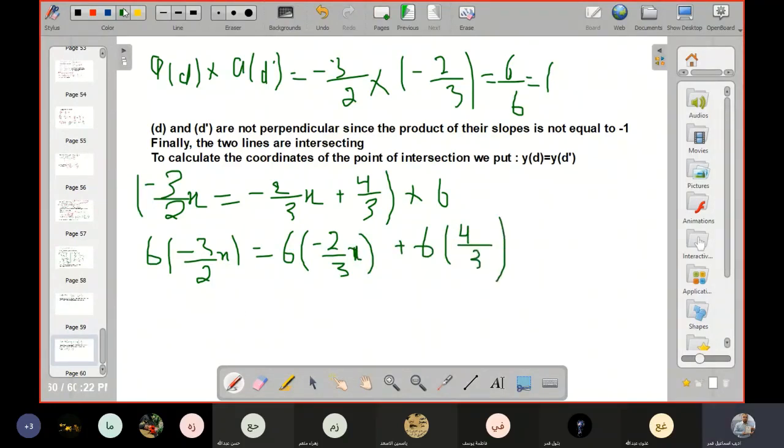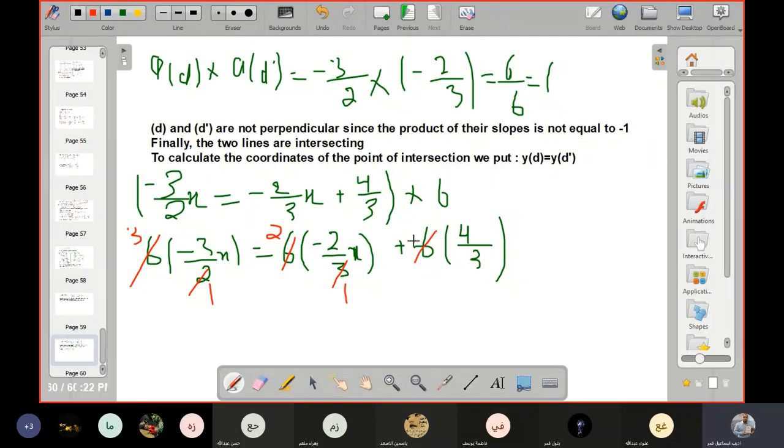So what do we get? We simplify 6 and 2 by 2, this becomes 3 and this becomes 1. 6 and 3 by 3, this becomes 2 and this becomes 1.